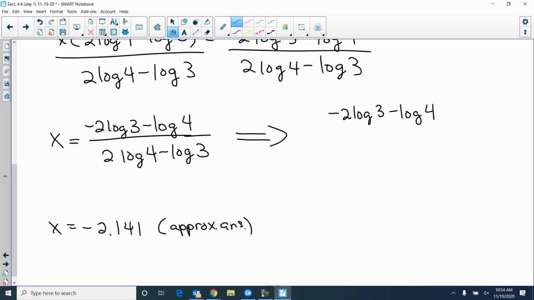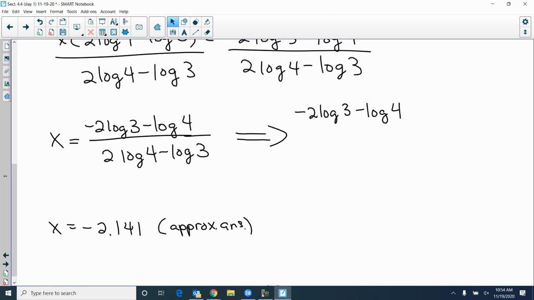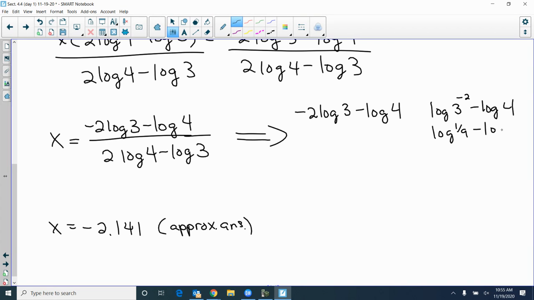It becomes an exponent. So that's the log of 3 to the -2 power minus the log of 4. I'm just going to work with this one. What's 3 to the negative second? 1/9. Don't give me any decimals. So this is the log of 1/9 minus the log of 4.